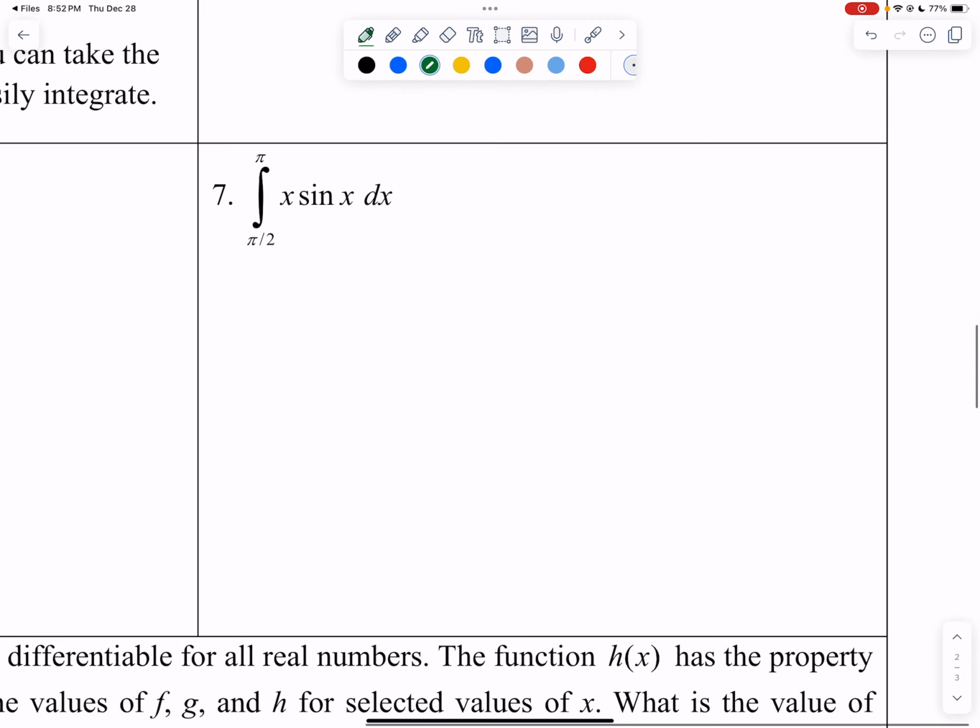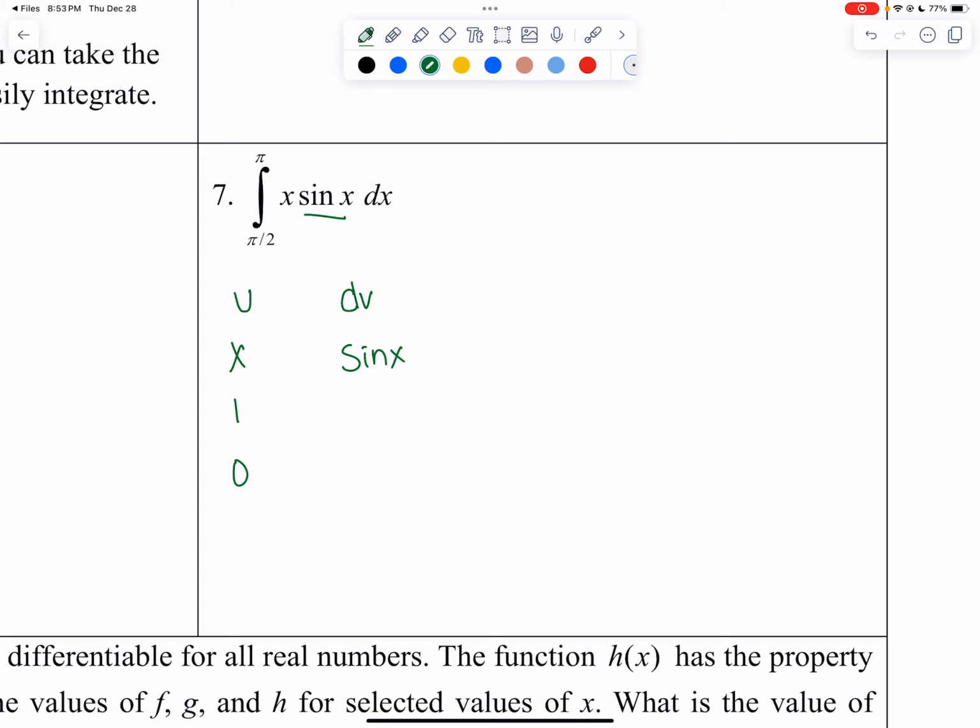Now, number 7, though, we could do that because the integral of sine of x is just going to be cosine, and then it's just going to be alternating with sines and cosines. So here for number 7, I'm going to have u to be x, then 1, then 0. So I could take the derivative easily there. And then my integral of sine x.